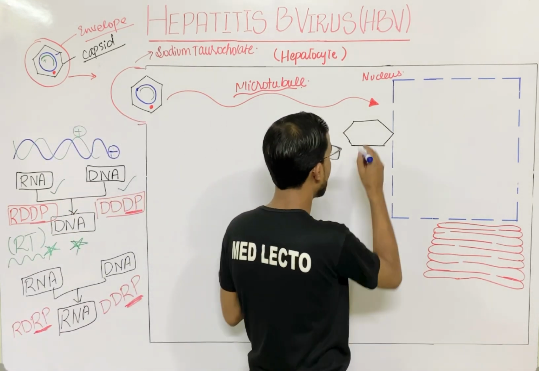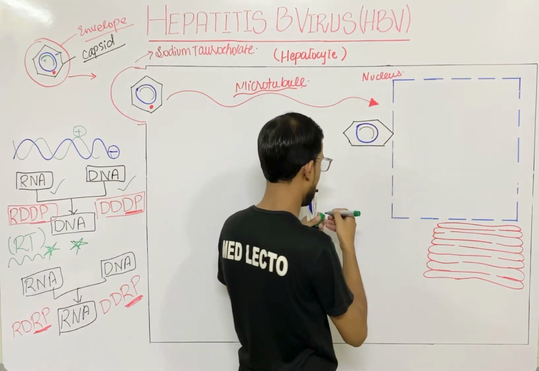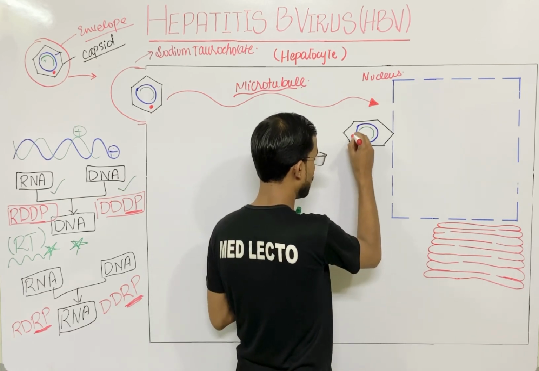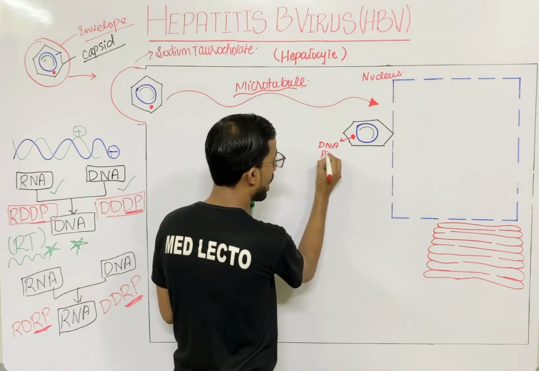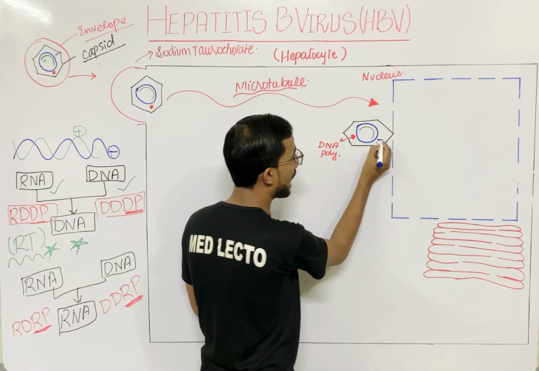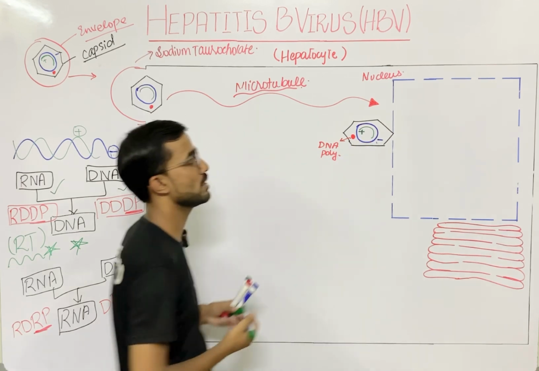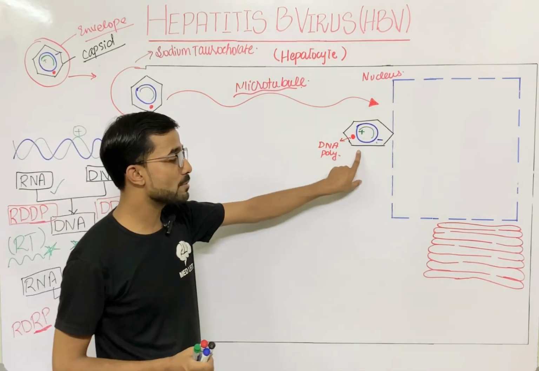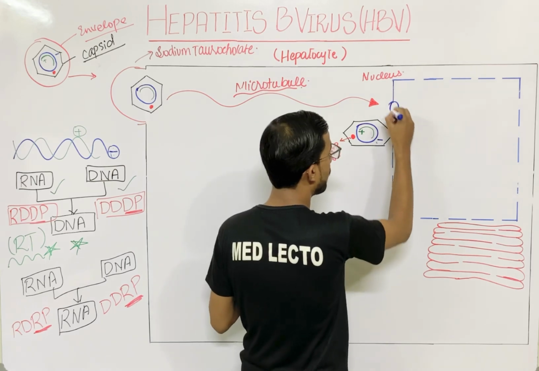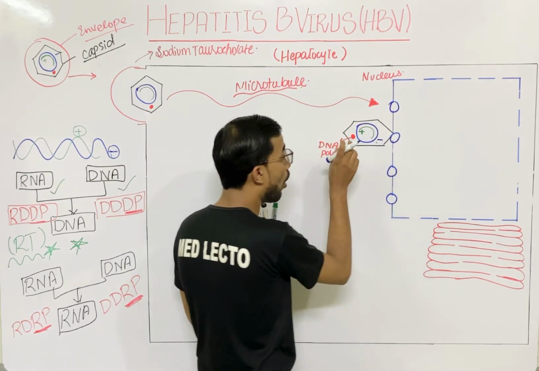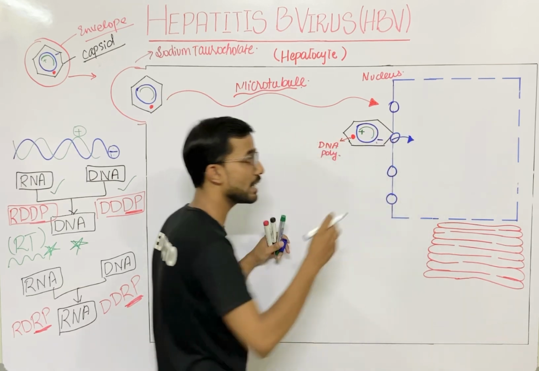Here is the complete strand, and you will also see the incomplete strand, and the presence of the DNA polymerase. So here are basically the important things: DNA polymerase, the negative strand, and the positive strand. When the capsid is attached to the pores of the nucleus, here are basically the different pores of the nucleus, then only the DNA will enter into the nucleus.